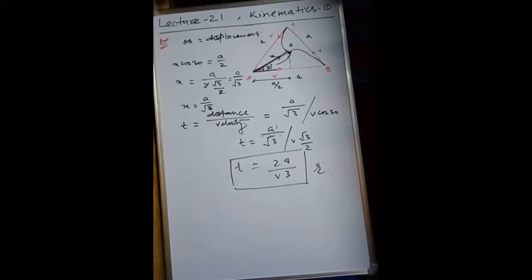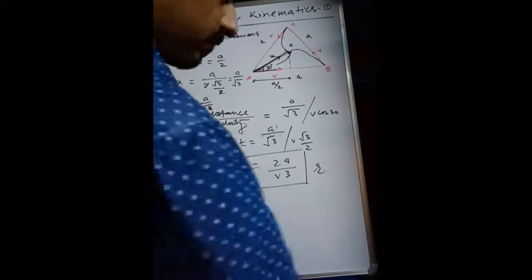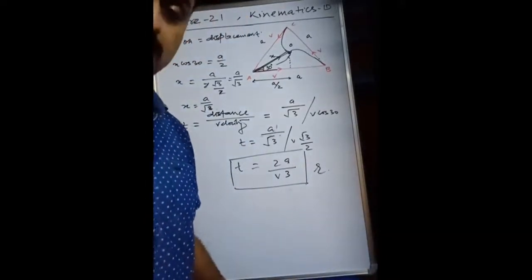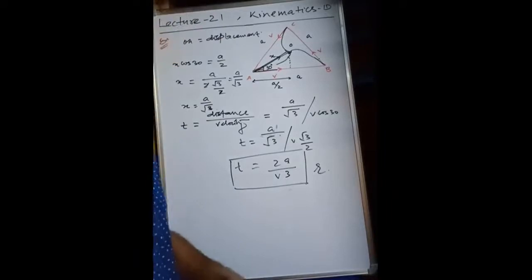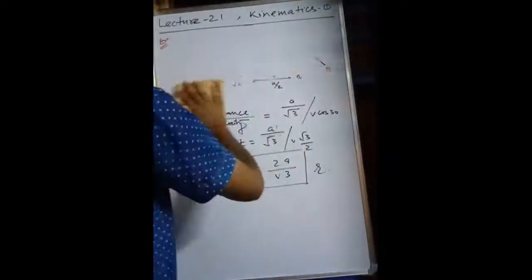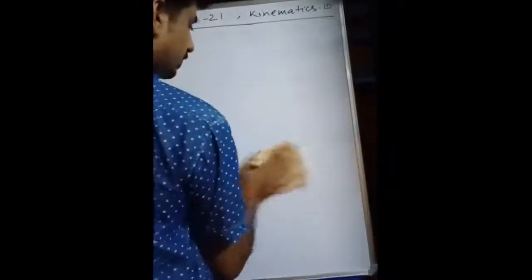Now my dear students, we'll move today to the next topic. It is instantaneous speed and velocity. So basically we are starting today's lecture with the topic instantaneous speed and velocity.